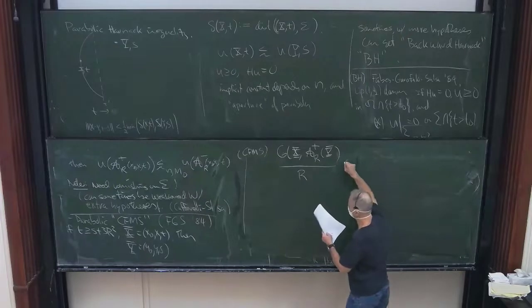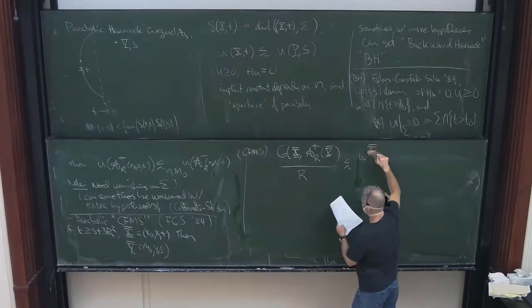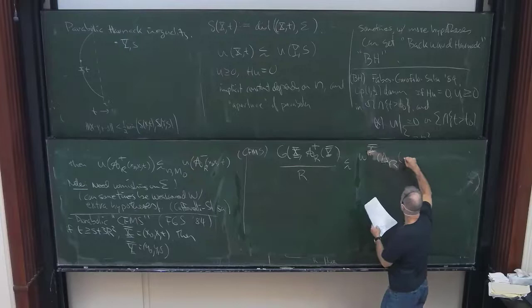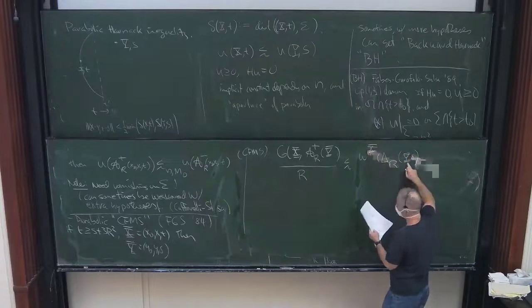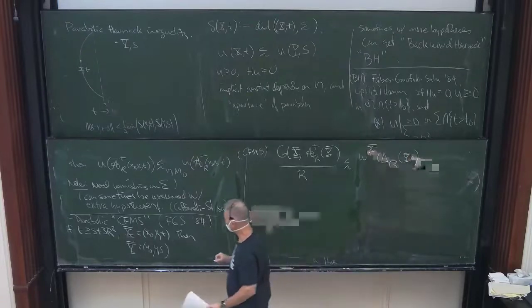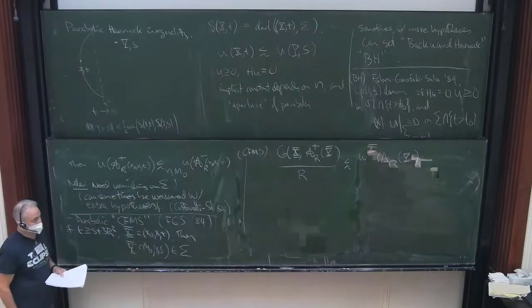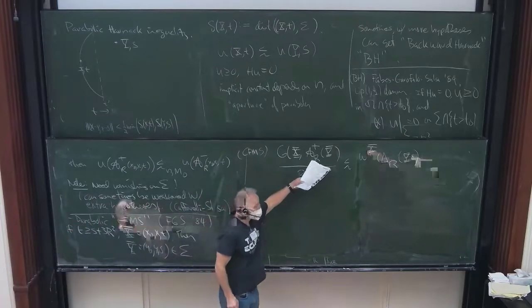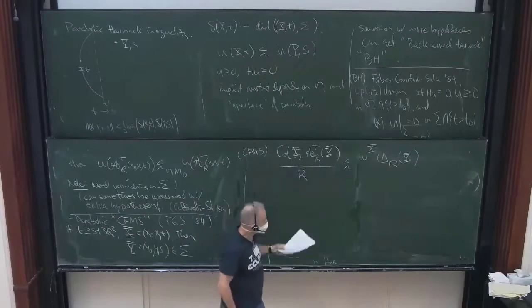This is going to be less than or equal to the caloric measure with pole at X of the surface ball at scale R centered at the point Y. I should have mentioned this point Y is going to be on sigma. So this is the time forward corkscrew point relative to that point on the boundary. X, of course, is inside.